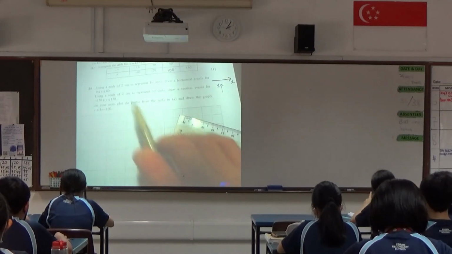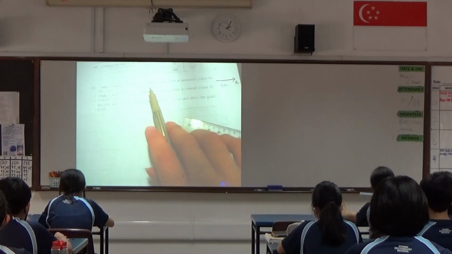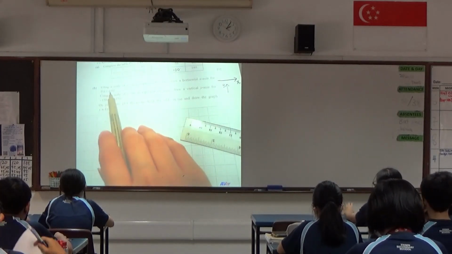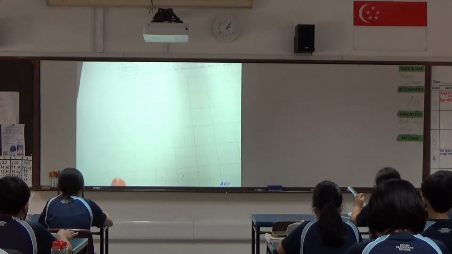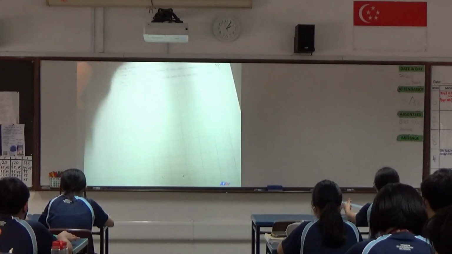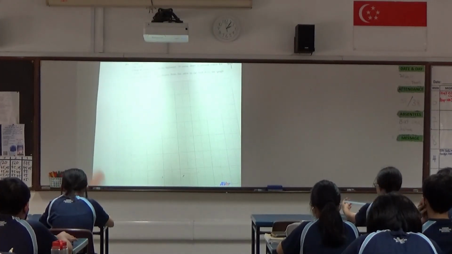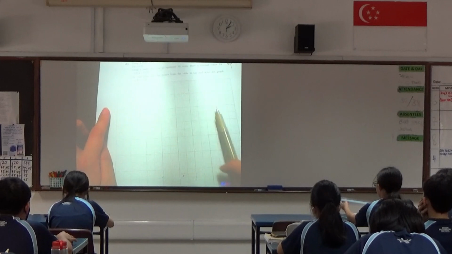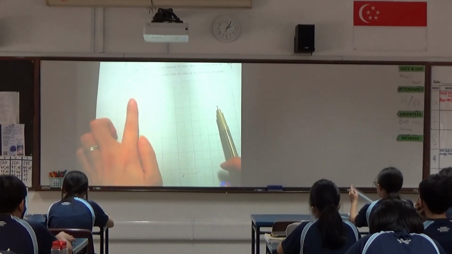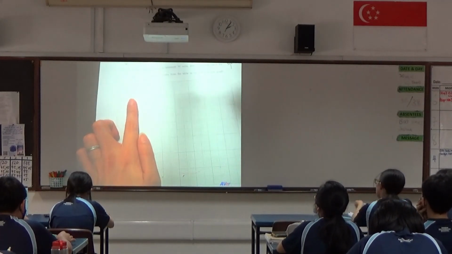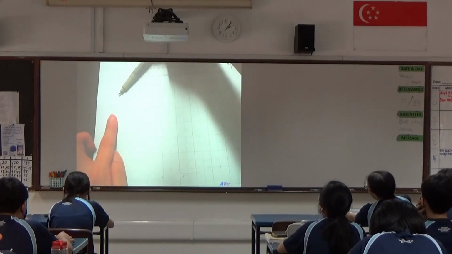So it says that 2 cm represents 10 units, and we're supposed to draw from 0 to 60. With the grid itself, you need to make sure you have sufficient space. You observe that there are thicker lines. If I start with 0 on this line, usually we start inside, we don't start outside at the border.